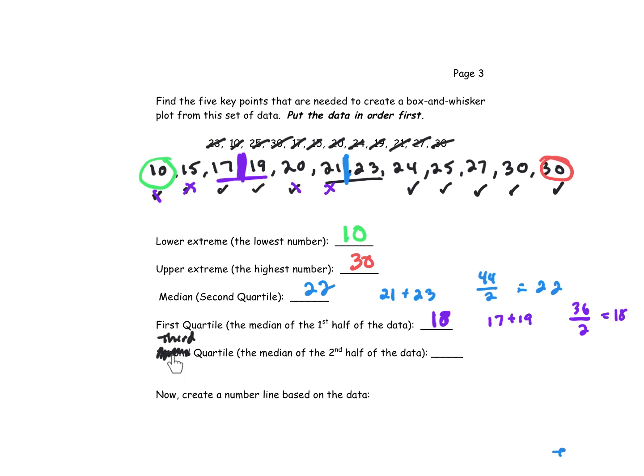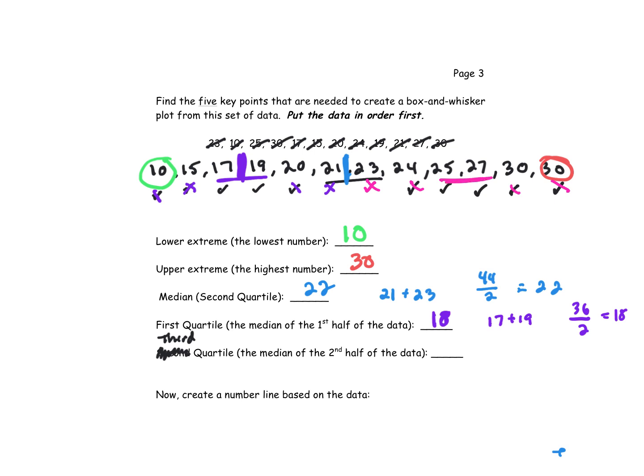All right, and now we're going to go to our third quartile, the median of the second half of the data. So we're going to start from this point and move here. Once again, we're going to try to cross off at each end. So we're going to cross off 23 and 30, and then 24 and the second 30.